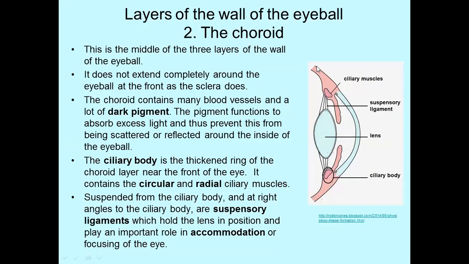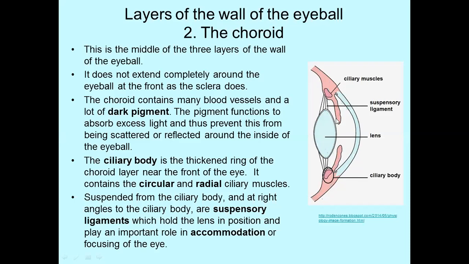So if you look at it, what it actually does is the choroid at the front of the eyeball has 2 structures that are terribly, terribly important. The one is at the front, it folds inwards at an angle from all sides, and this is the iris of the eye.